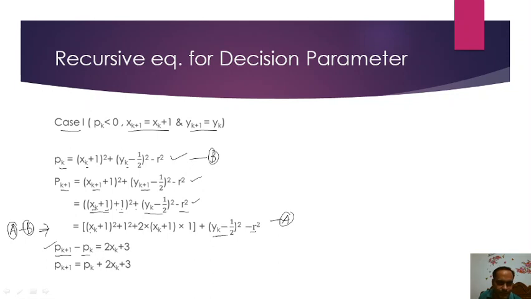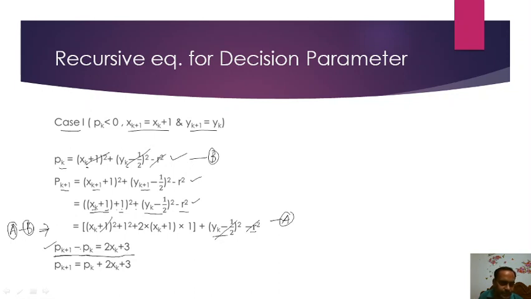This part of the equation will be subtracted from this, so this will be cancelled out. A lot of terms will be cancelling out. (yk − 1/2)² will cancel out, r² will cancel out, so you will get a simplified version of this differential equation. pk+1 minus pk is equal to 2xk + 3.